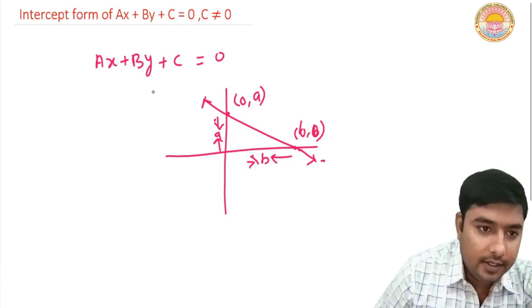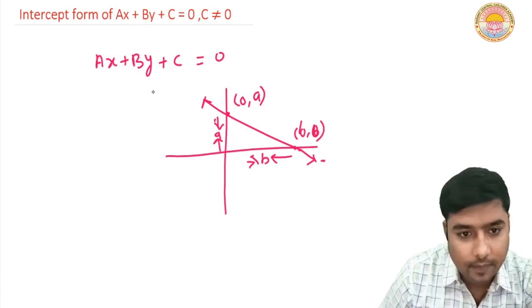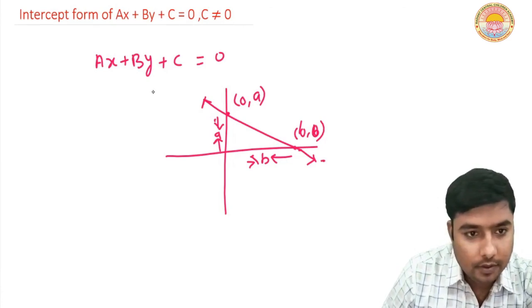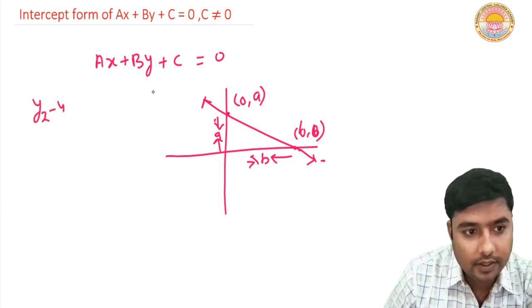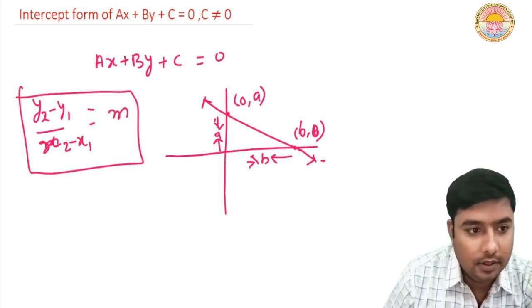Now we can write the slope formula: y2 minus y1 upon x2 minus x1 equals m. This is the formula of slope.